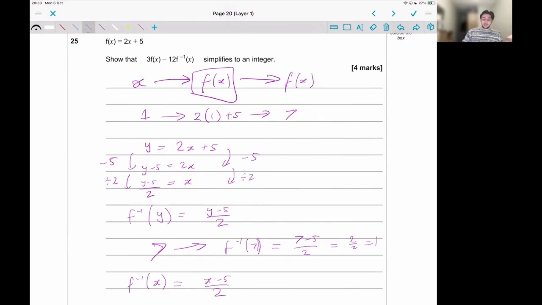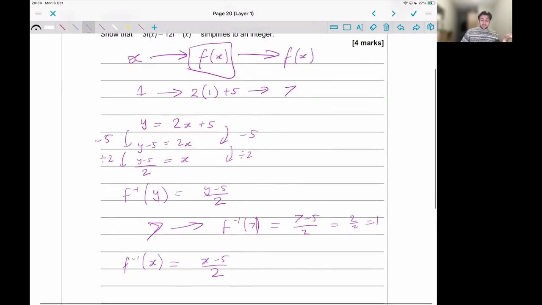So we found f, we were given f, and we found f inverse. Now, what we need to do is show this. How do we show this? Well, what it's doing is it's taking the function f of x, multiplying it by 3, and then taking the inverse function of f of x, multiplying it by 12, and taking that away from the previous thing you found.